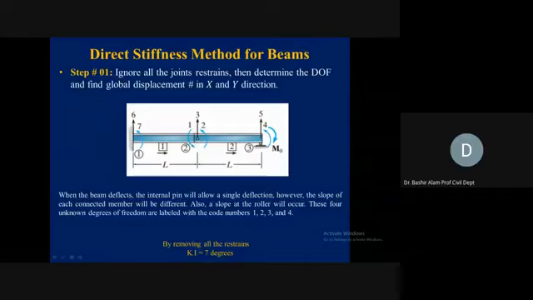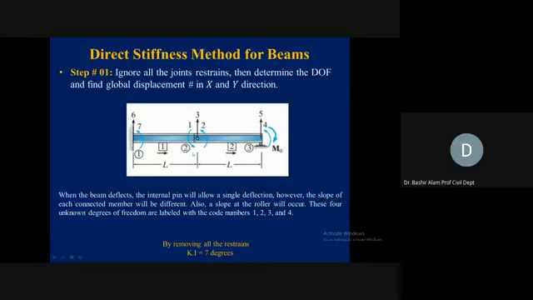At the left of the joint we have rotation 1, at the right of the joint rotation 2, and vertical translation 3. So there are 3 possible displacements at the pin joint, shown as 1, 2 and 3. And you see the sign also: what was the positive sign? Upward and clockwise was our positive. So we show all unknown joint displacements in their positive direction.